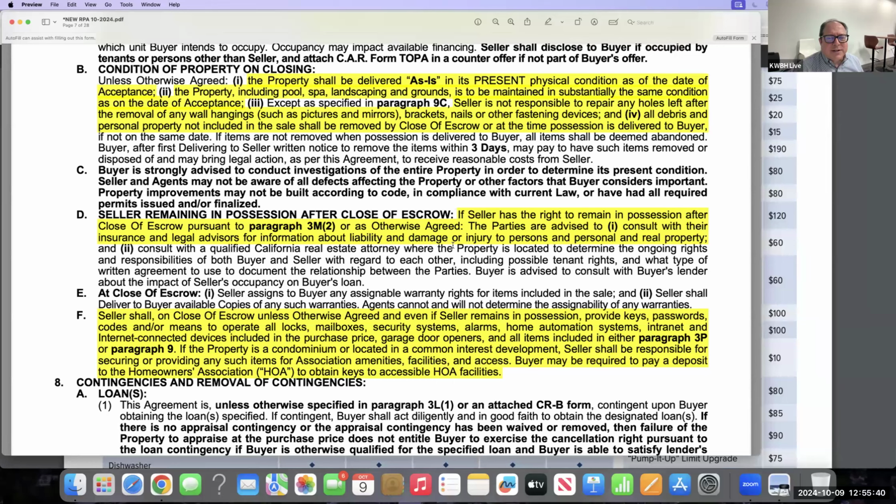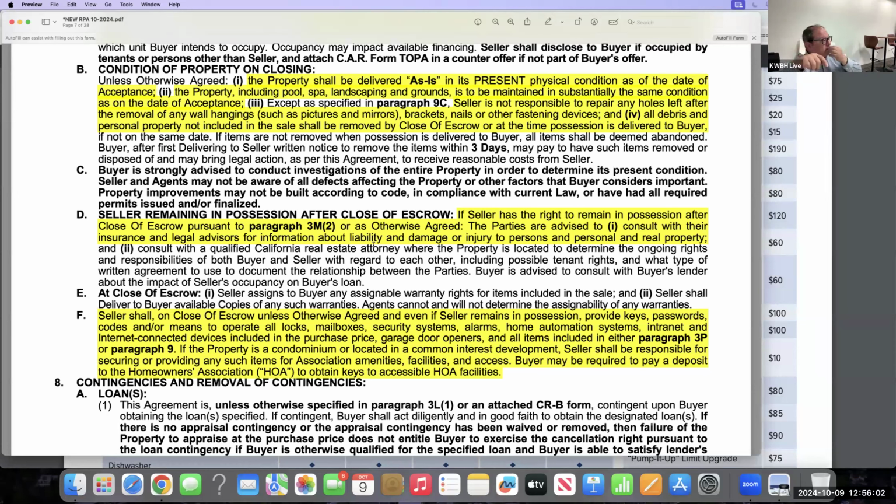All right, seller remaining in possession. If the seller has the right to remain in possession after close of escrow, the parties are advised to consult with their insurance and legal advisors. So this is about liability. Here's the issue. If the seller wants to stay in the property, you need to make sure that the proper forms are agreed to. Remember those check boxes for 29 days or less or 30 days or more?